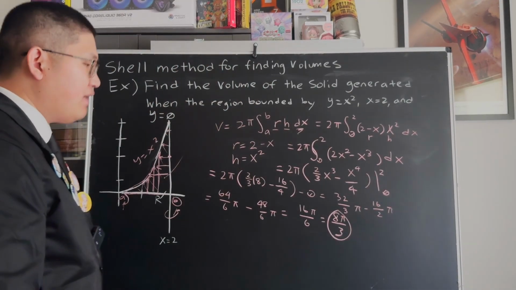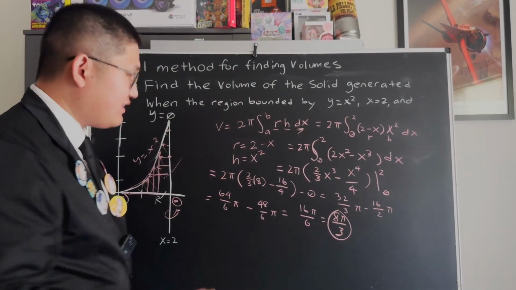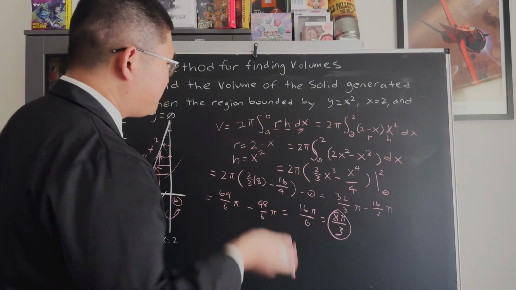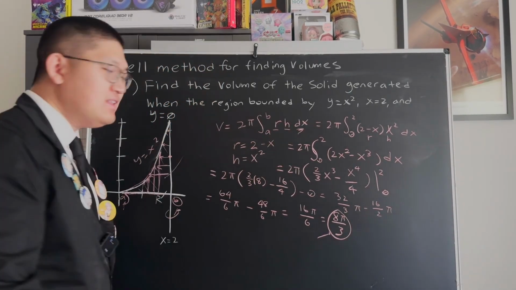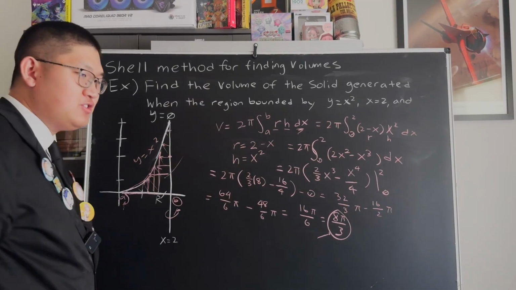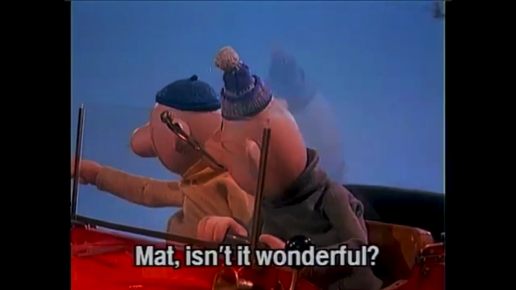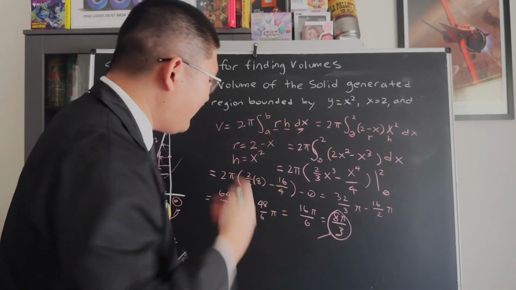Okay, and would you look at that, if we were to check yesterday's video, that is for the same type of problem, we do end up with exactly the same volume that we should have, with the same kind of rotation, with the same function. Isn't it wonderful? I think it is.